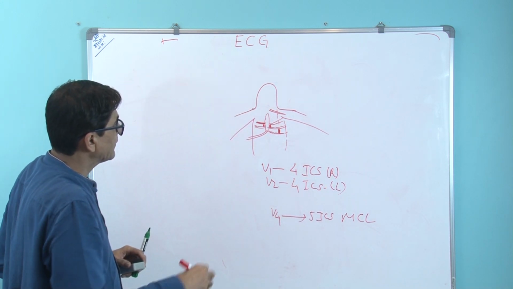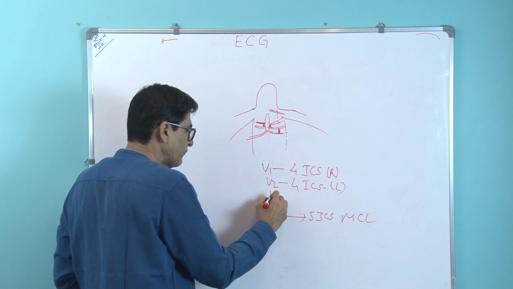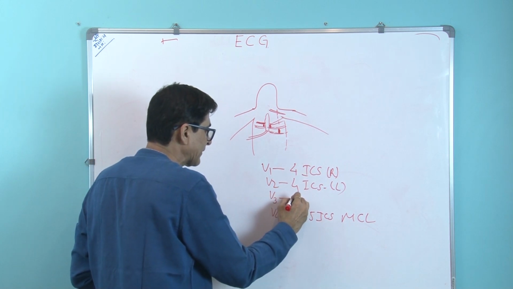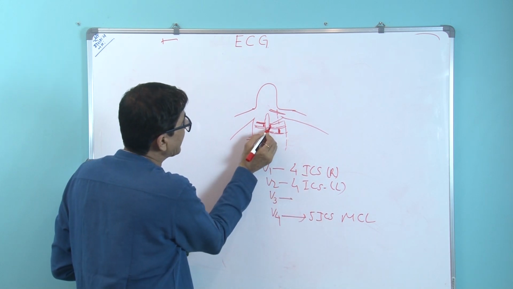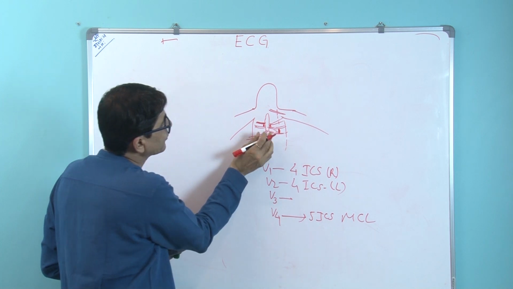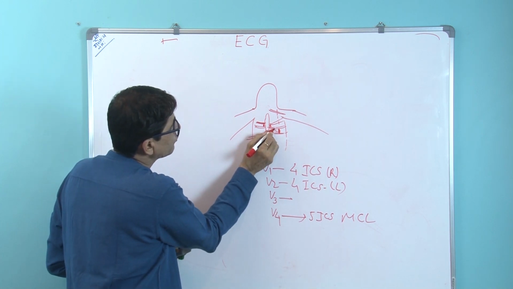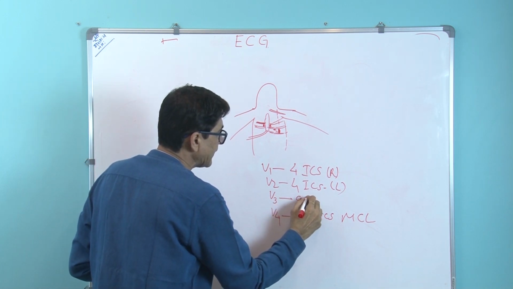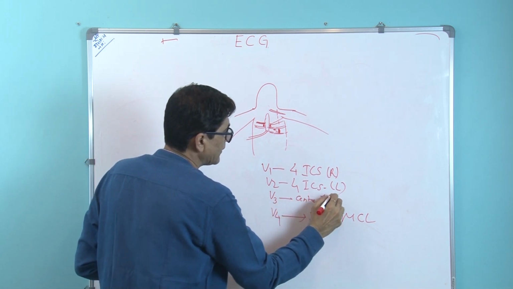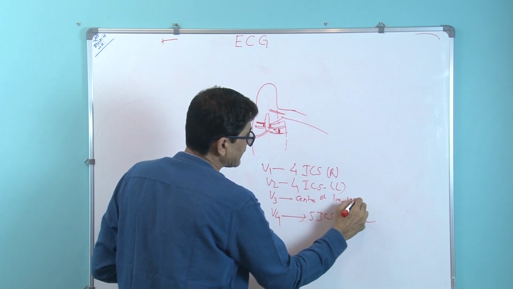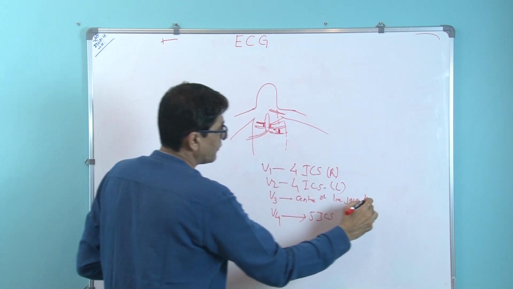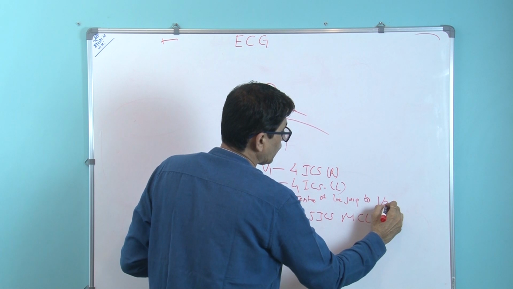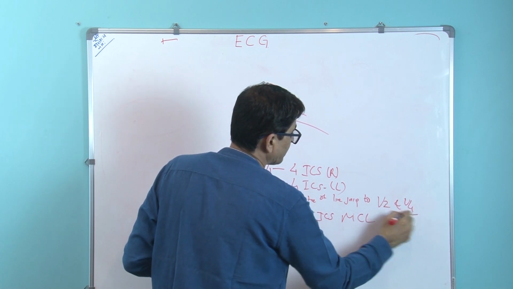Now, V3 is placed later: if you draw a line between V2 and V4, you put V3 in the center of the line joining V2 and V4.